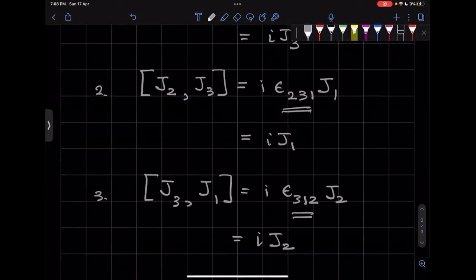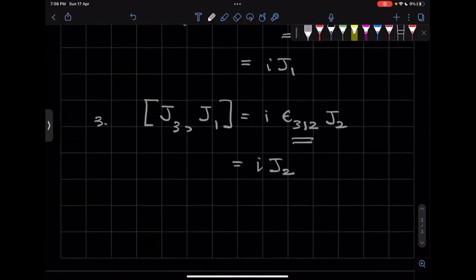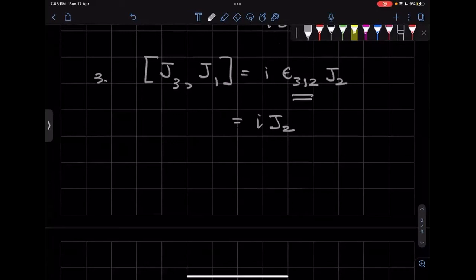So these are the 3 non-trivial commutation relationships, which are the components of this equation. Okay, we are dealing with unitary representations, and we know that SU2 is a unitary group, and therefore the generators must be what?